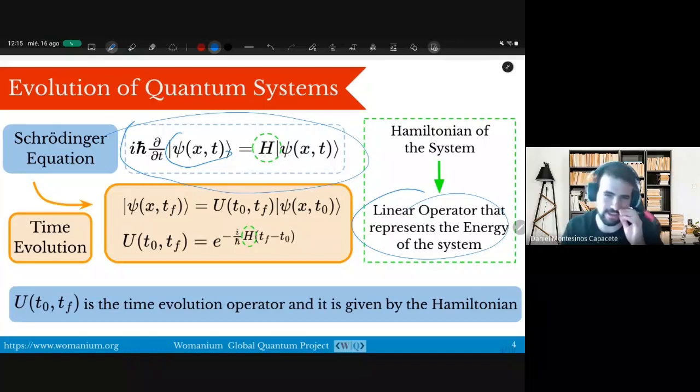I guess that you are not familiar with differential equations since you're a high school student. So this is a partial derivative. This is the Hamiltonian of the system, and this is just our vector.